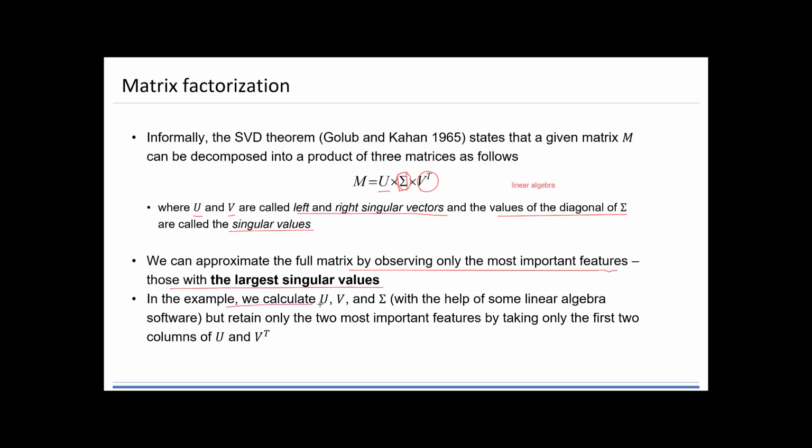So in the example, we will use U to represent the users, V to represent the items, and sigma to represent the singular values. We will retain the 2 most important features by taking only the first 2 columns of U and V transpose. Let's see with an example.